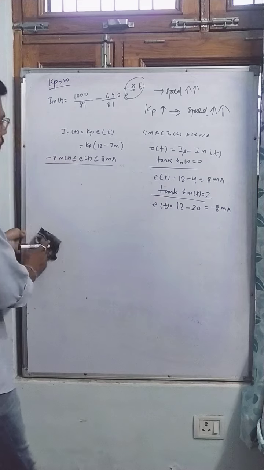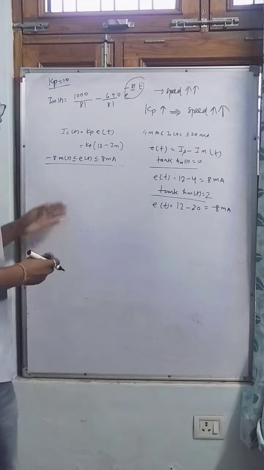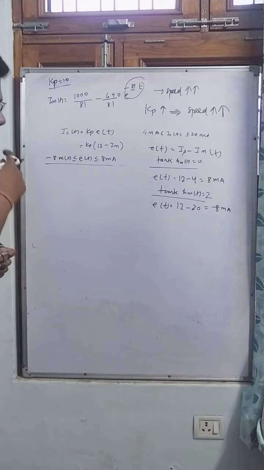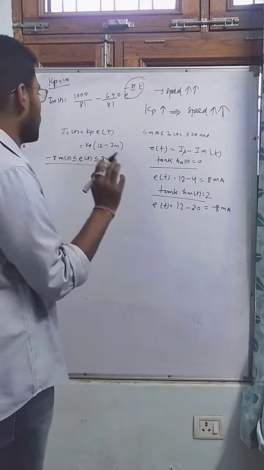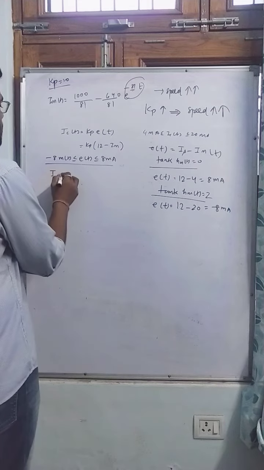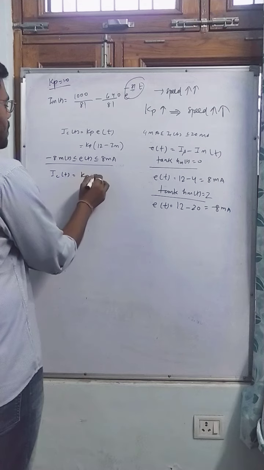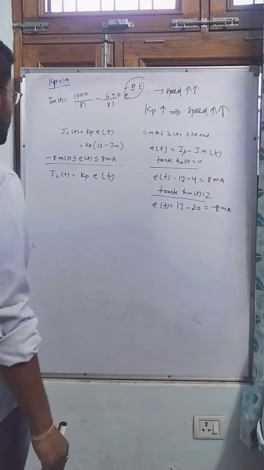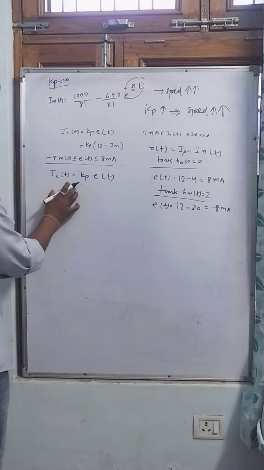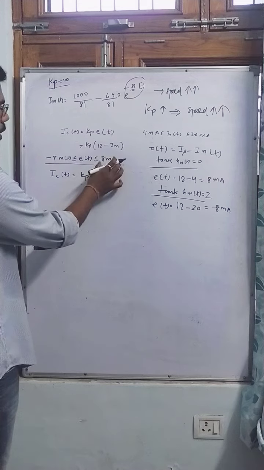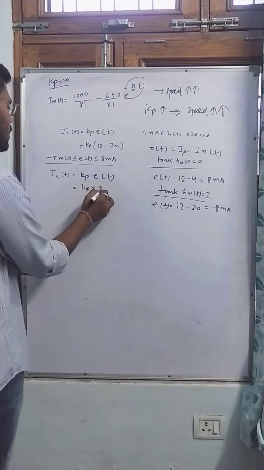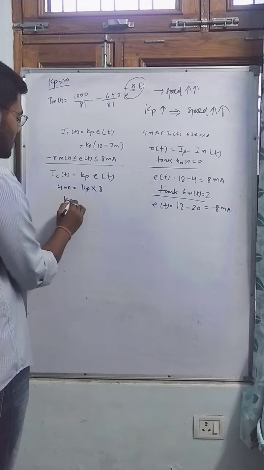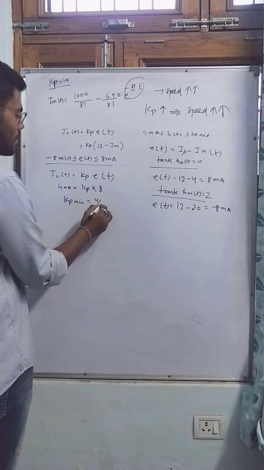Now look, the band of error is minus 8 to plus 8. Now if I am considering only positive error, ICT equal to Kp into Et. I am taking only the positive part, so I can write Kp into 8. The minimum value of ICT is 4 milliampere, so Kp minimum is 4 by 8 equal to 0.5.